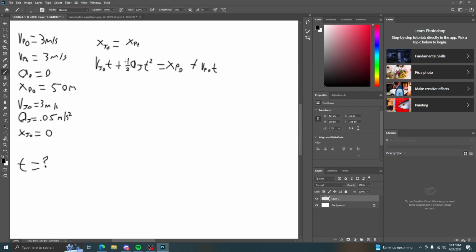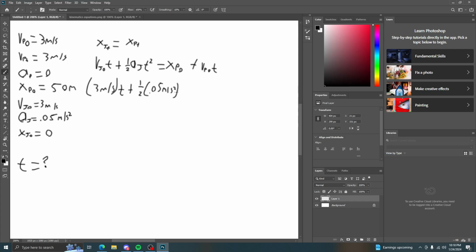And so now you basically just want to solve for t. So first you're going to want to plug the numbers in so that you can do algebra with them. So first of all, the initial velocity of Jacob is 3 meters per second times t plus 1/2 times Jacob's acceleration, which is 0.05 meters per second squared.